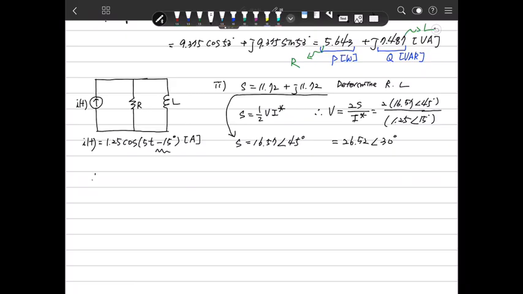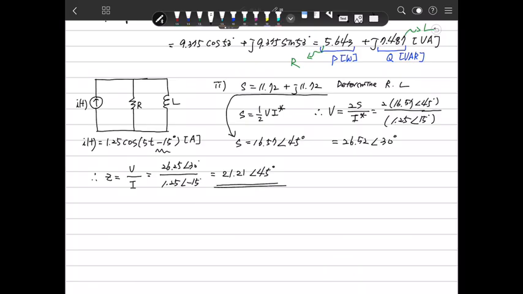It's simple. Therefore, impedance Z is V divided by current, where V is 26.52 at 30 degrees and current is 1.25 at minus 15 degrees. So the calculated result is 21.21 at 45 degrees.